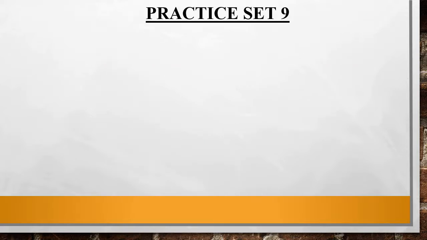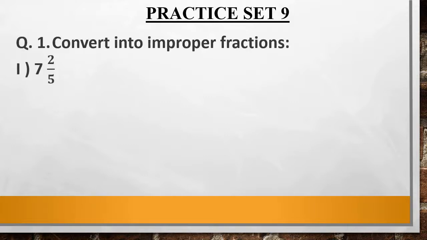Students, now we will discuss practice set 9. Question number 1. Convert into improper fraction. First is 7 and 2 by 5. Here 7 and 2 by 5 is a mixed number.